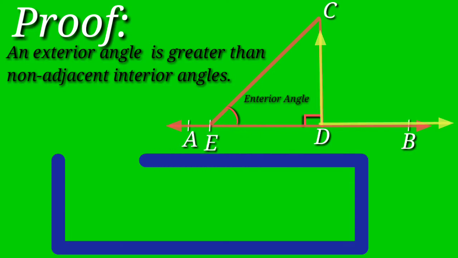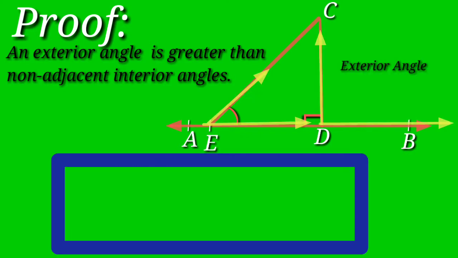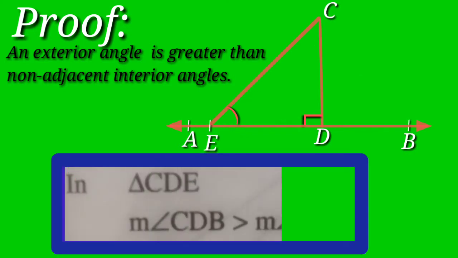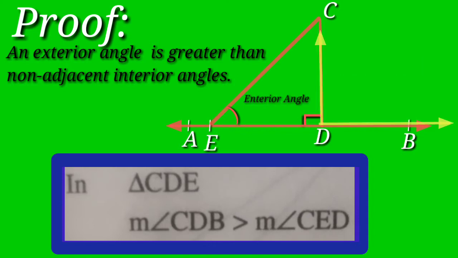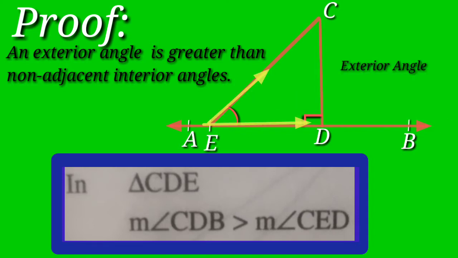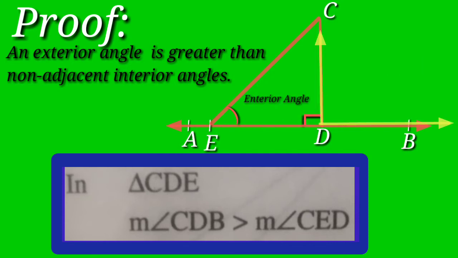Here we take interior angle CED while CDB is exterior angle. So we can write in triangle CDE, measure angle CDB is greater than measure angle CED.